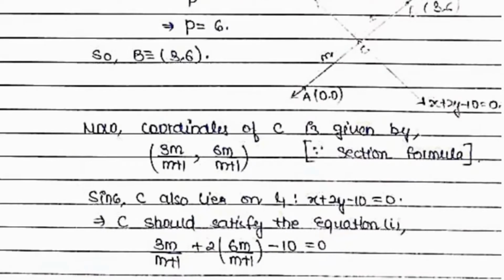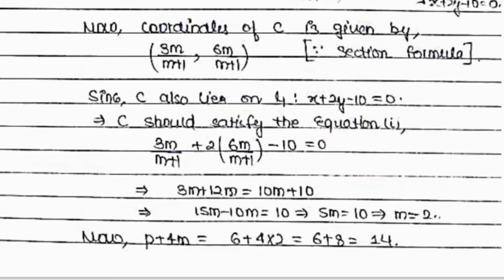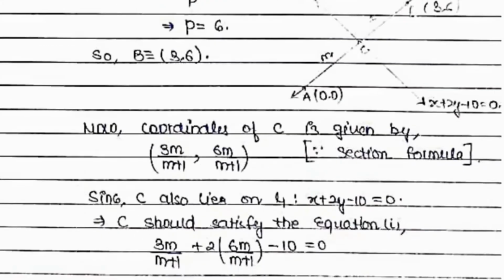Since C also lies on L1, x plus 2y minus 10 equals 0, C should satisfy equation 1: 3m upon m plus 1 plus 2 into 6m upon m plus 1 minus 10 equals 0. And further, after solving, we get m equals 2. Therefore, p plus 4m equals 6 plus 8 equals 14.